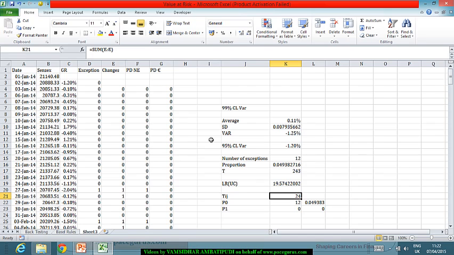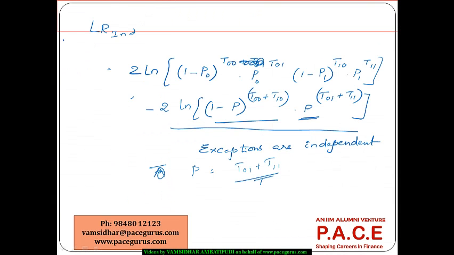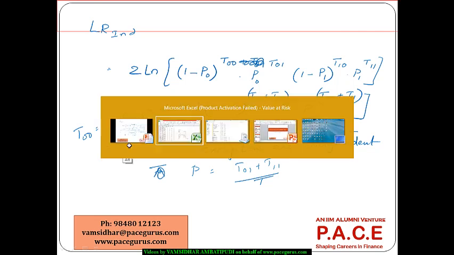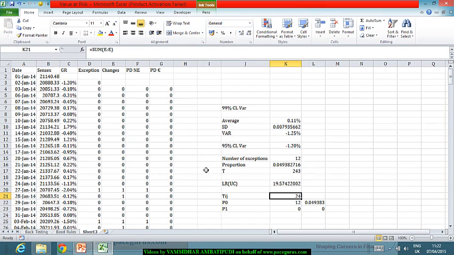See, if I have to substitute, T00 is coming out to be T0 times 1 minus P0, right? T0 is the total number of zeros, and 1 minus P0 is coming out to this much.